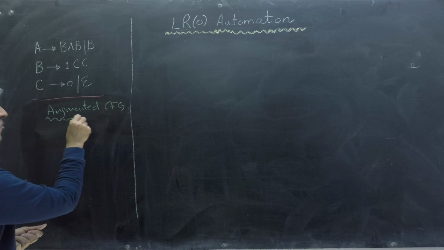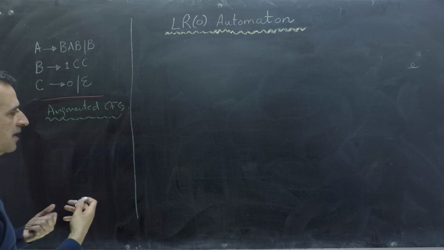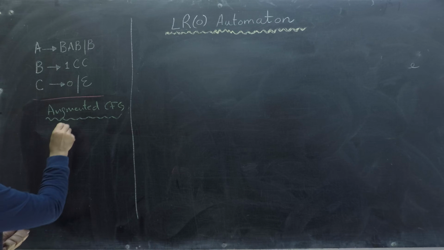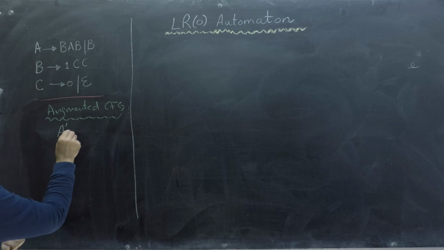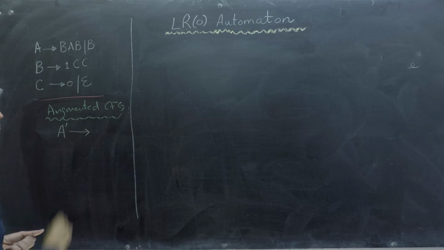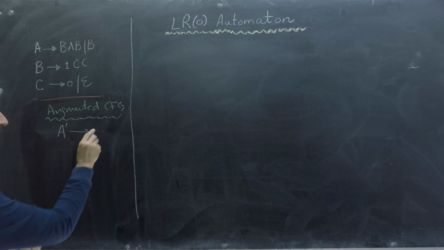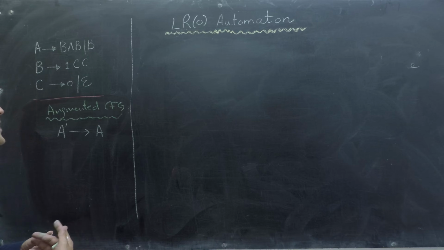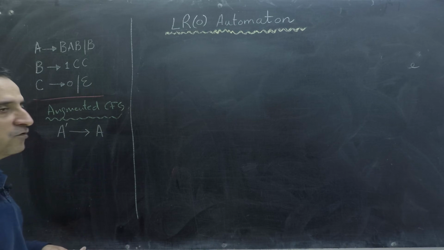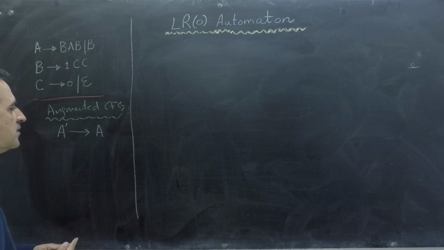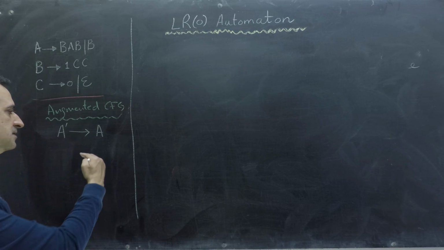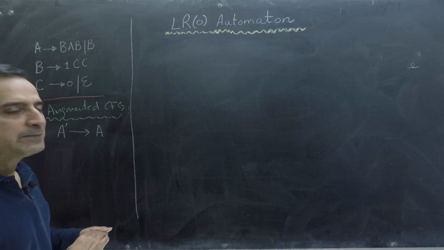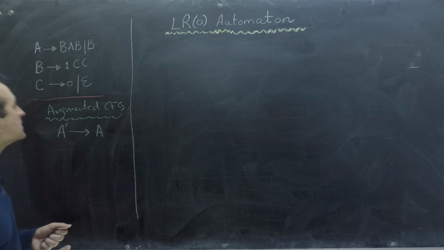My augmented context-free grammar will have a new start symbol, say A bar, and this start symbol will go to the previous start symbol A. The rest of the productions will be the same as the previous grammar. However, we would like to write these productions in separate lines instead of writing multiple productions in one line.